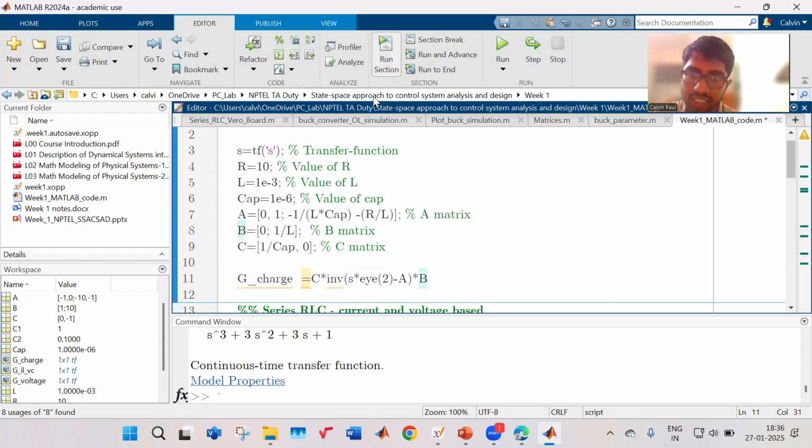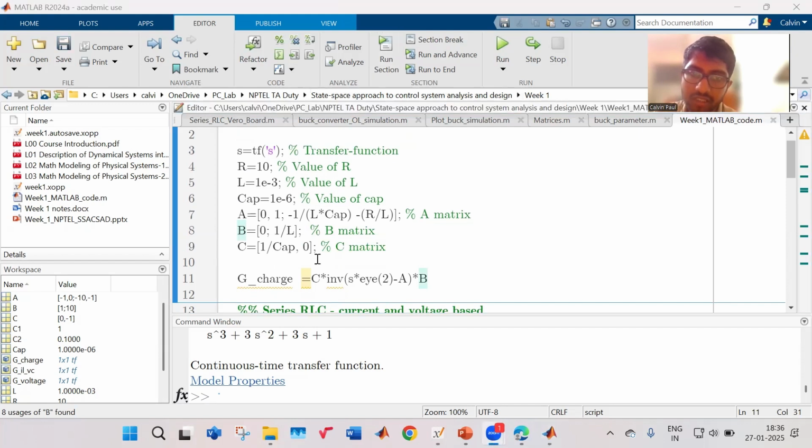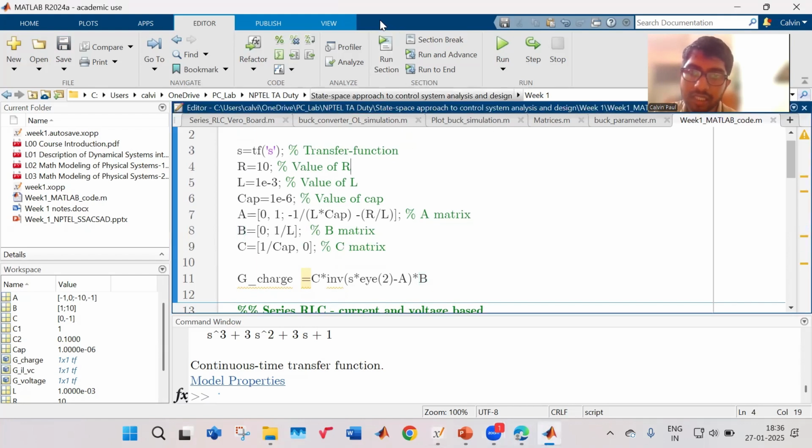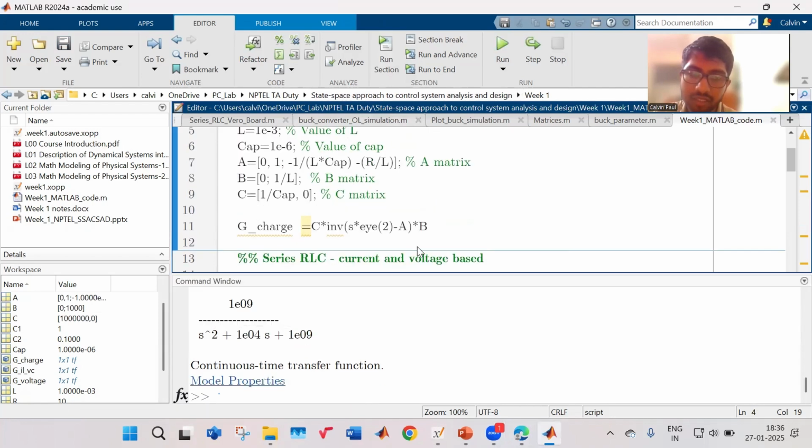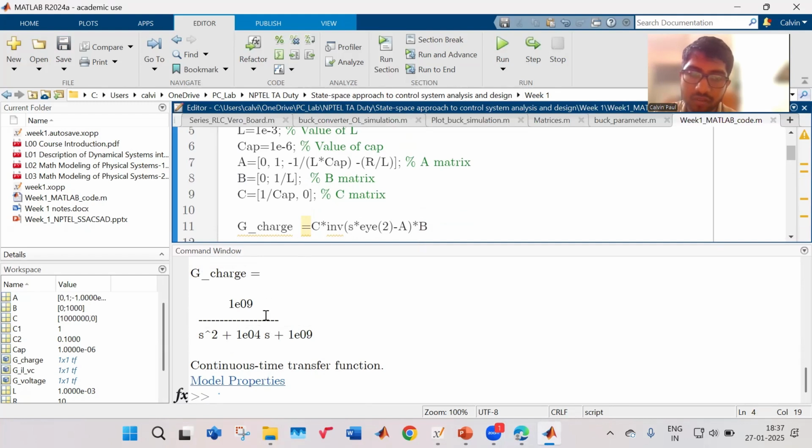G charge is just a transfer function. I've given the name G charge to the transfer function because I have used charge. So I will run this section and then I will get my transfer function. You see, this is the transfer function I got.